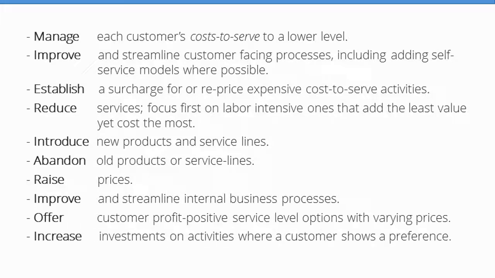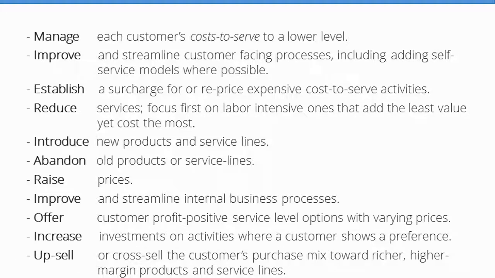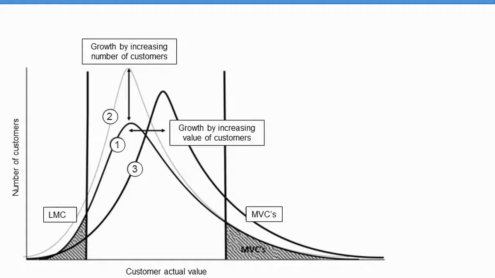And increase investments on activities where a customer shows a preference for, and then upselling and cross-selling the mix. If they buy a set of golf clubs, can I sell them a golf shirt? If they buy the golf shirt, can I sell them a second shirt at a discount? These are just a few of the actions to move those dots in the grid, the matrix, from the bottom right to the upper left. And finally, discounting, but you've got to be careful with that area.